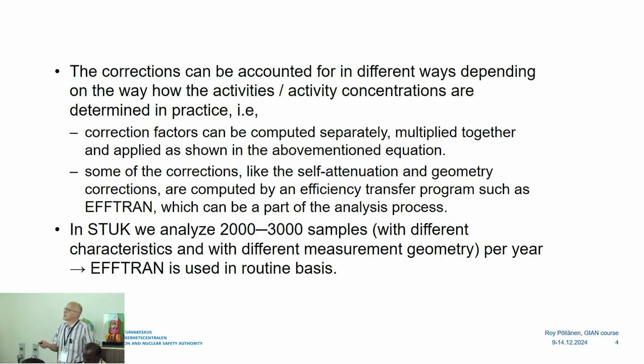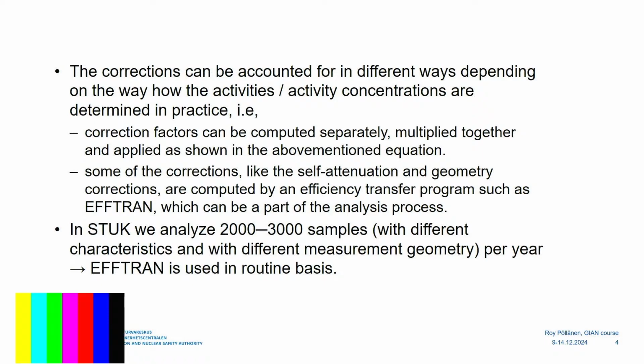These corrections can be taken into account in different ways, depending on how the activities or activity concentrations are determined in practice. So, these correction factors can be computed separately, multiplied together, and applied as shown in the above mentioned equations.